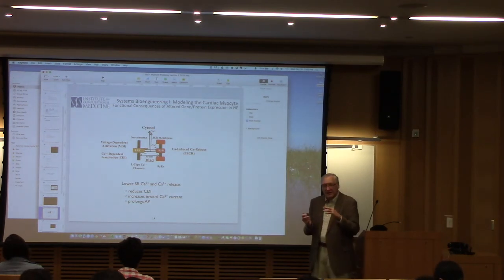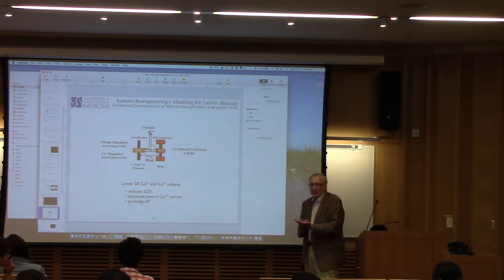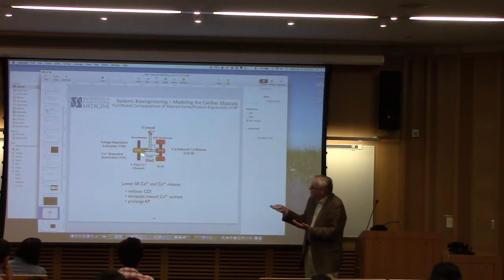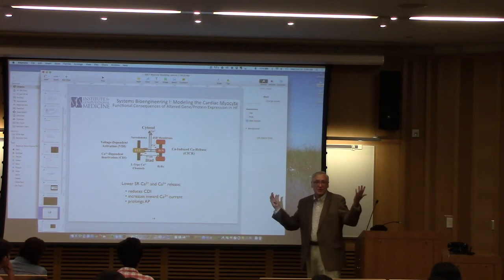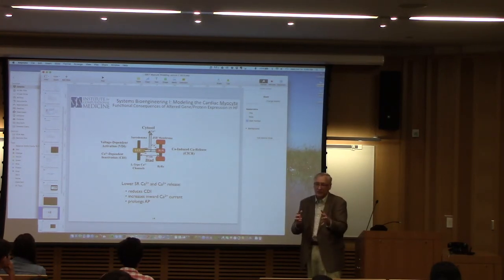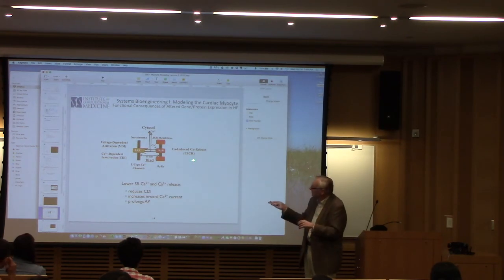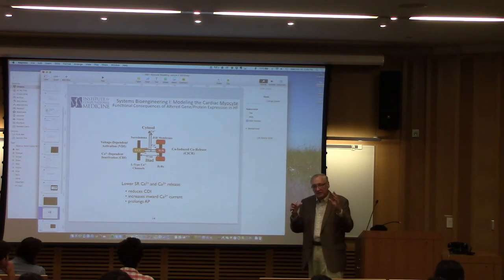And so that is a negative feedback effect on the L-type calcium channel. That rapid rise of calcium, which is particularly rapid when these ryanodine receptors open, because they're releasing a lot of calcium. The release flux is bigger than the trigger flux. And so logic would say that released calcium must be really powerful in inactivating these calcium channels.